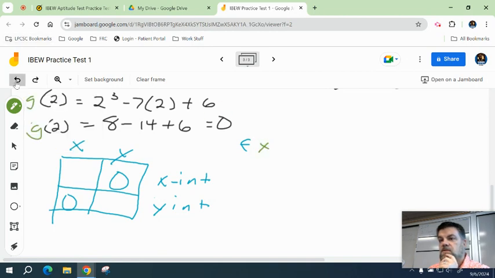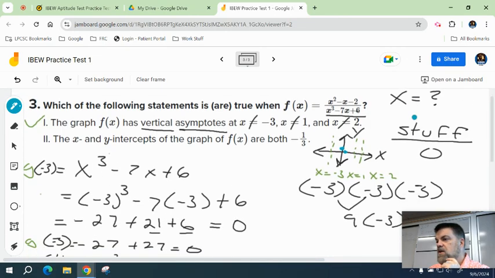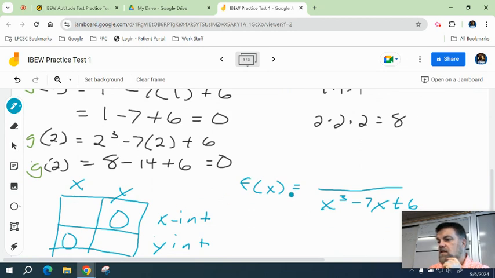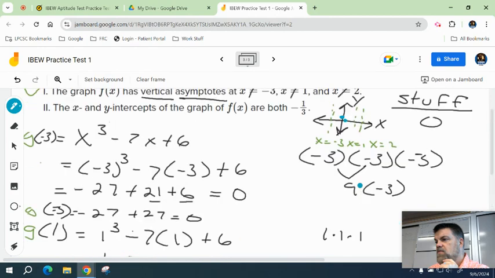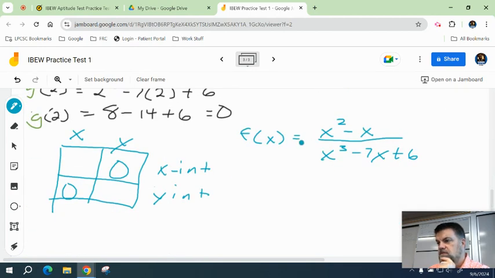Let's do it in a different color just to make it consistent. So f of x is equal to a fraction, and at the bottom it's x cubed minus 7x plus 6. But then we also have to consider the top part, which is x squared minus x, minus 2.